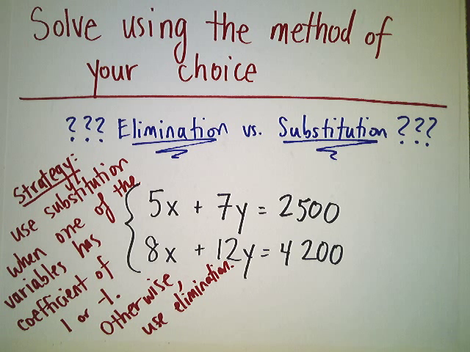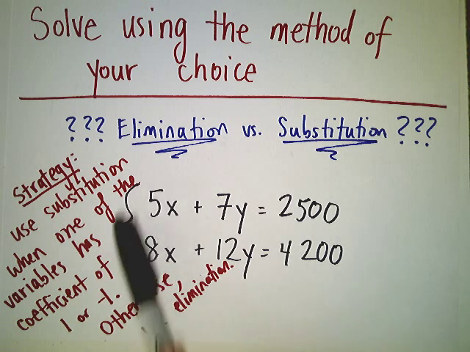The strategy I follow, and this is what I think makes sense, if I see that one of the variables has a coefficient of 1 or -1, I tend to use substitution there. Other than that, I typically use elimination.